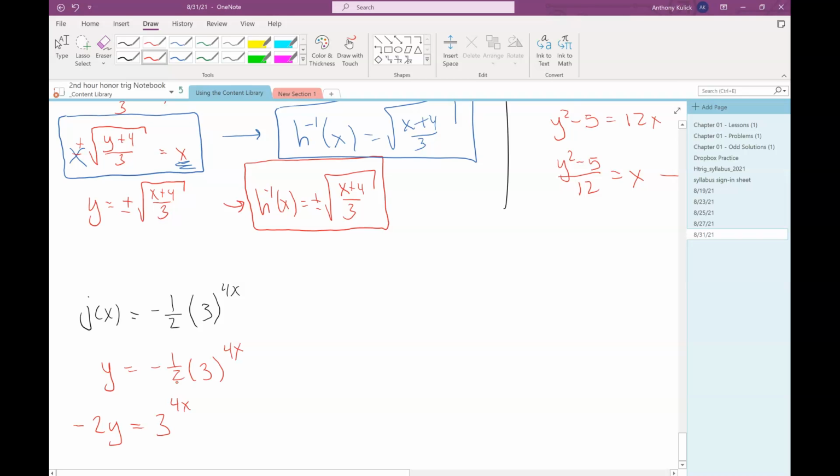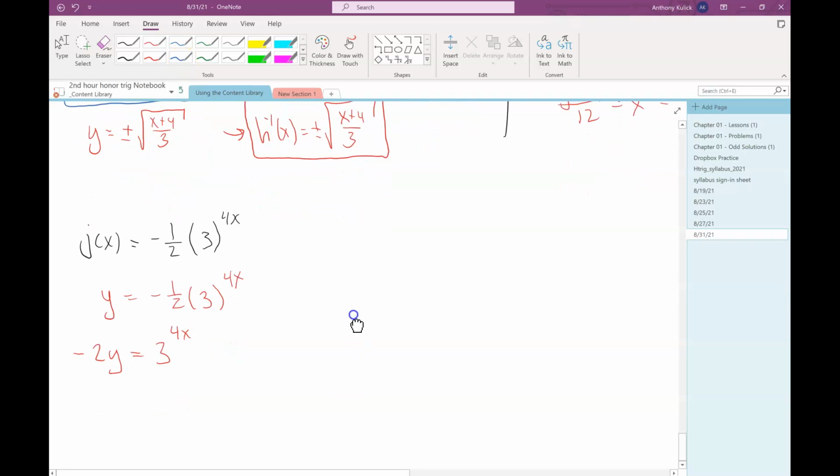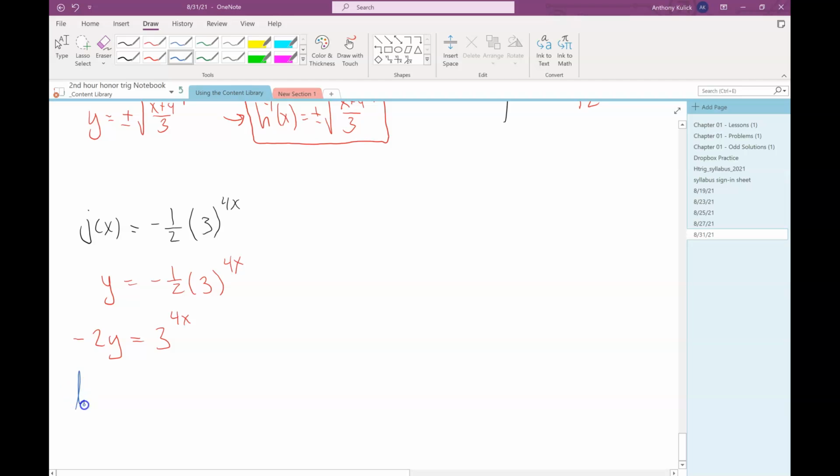Yes. To cancel an exponent base, we need to use a logarithm. The specific logarithm that we want to use is log base 3 so that it matches the exponent base on our exponential.